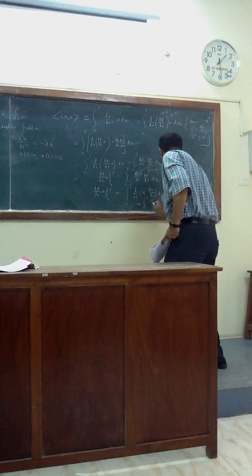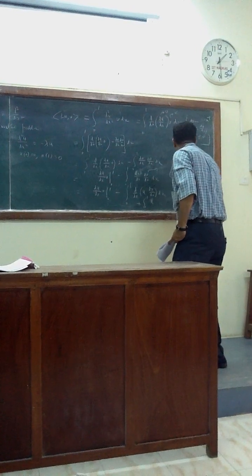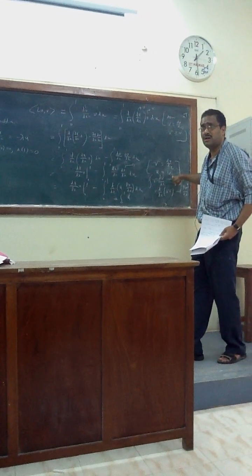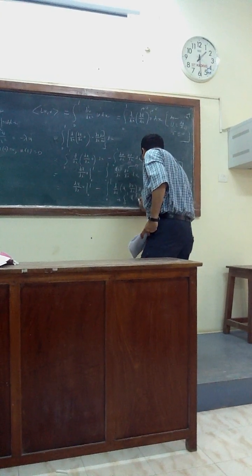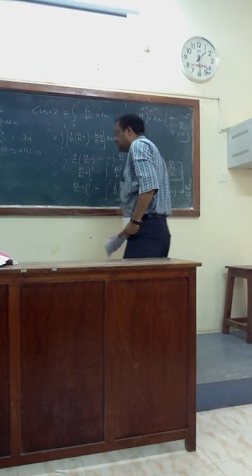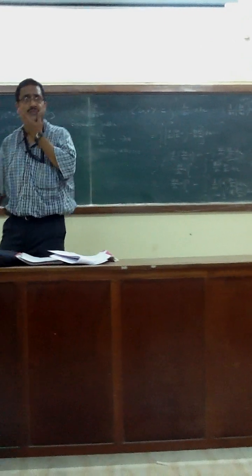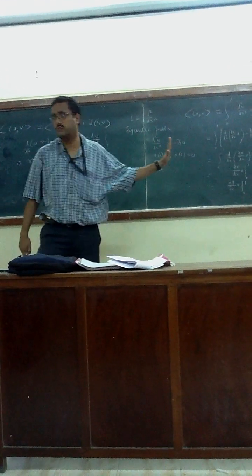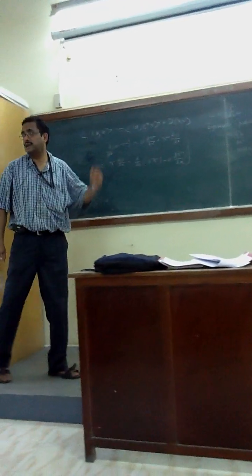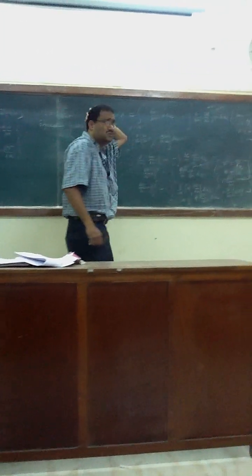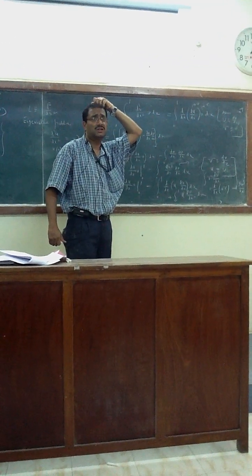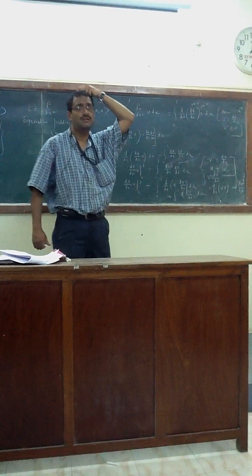Am I correct? d2v/dx square dx. Is there any doubt? I have done the maximum level I can do. At this level, no books actually exist. Understood? Amit, you are lost, I guess, completely, right? This is the maximum I can tell you in the class.